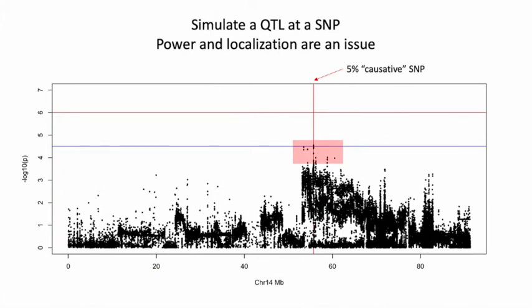So there's a power problem, especially given that I'm doing 17 million tests. But you can see that there is this potential for enrichment, and because of the LD in the colony, there's a block of SNPs, that might be a megabase or bigger in size, that are lighting up.